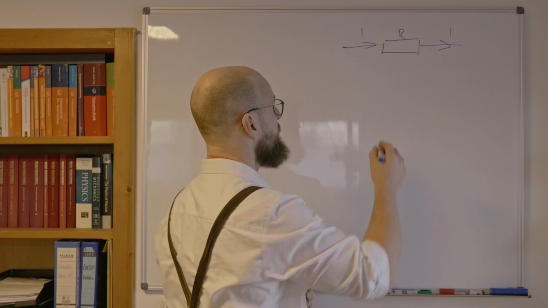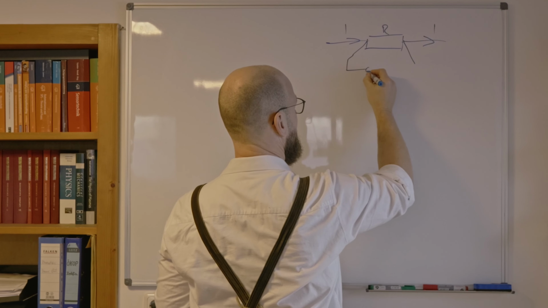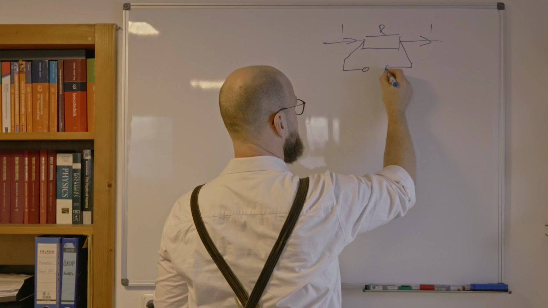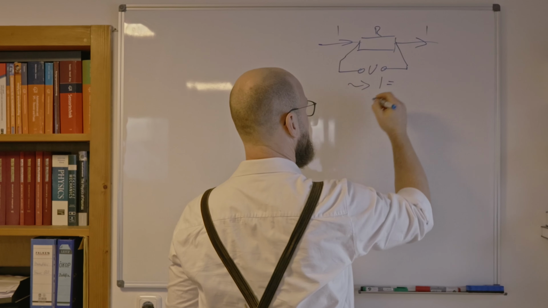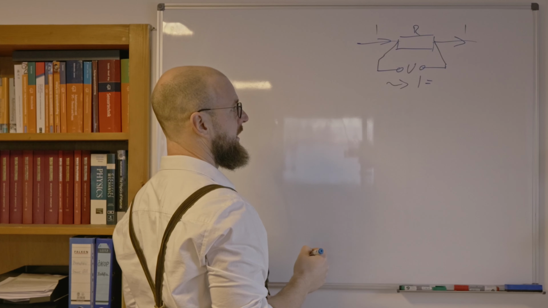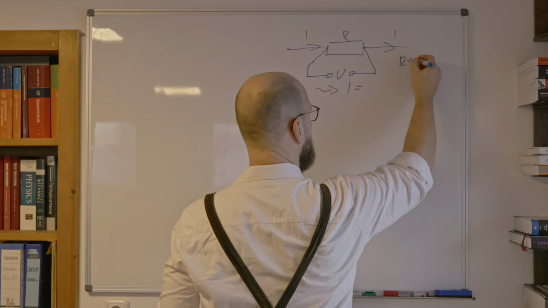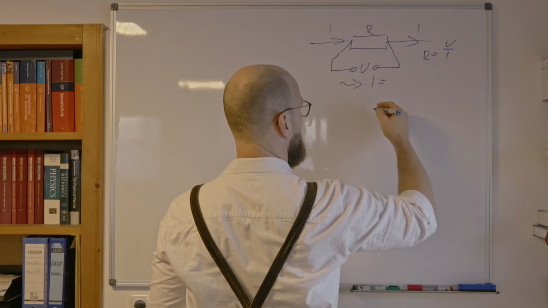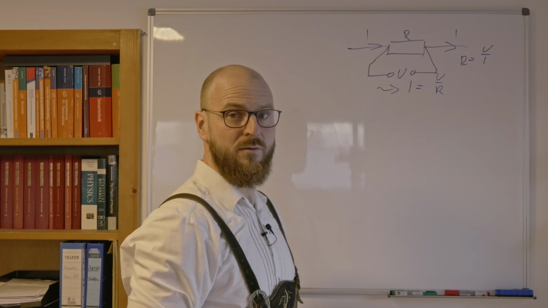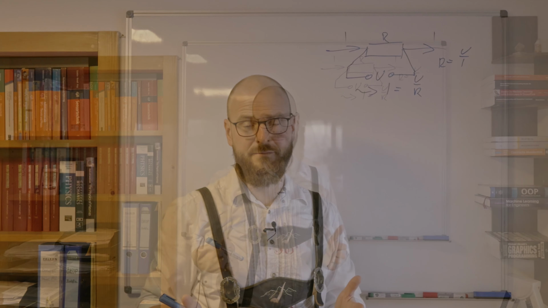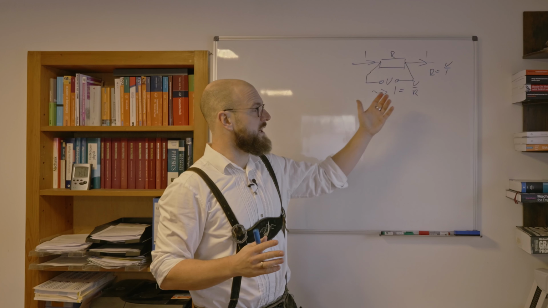Since we mainly only have devices for measuring voltages, we could measure the voltage over here, and by that calculate the current just using Ohm's law. You know, R equals U over I, meaning that I equals U over R. By that we can measure currents. So we have a voltage measurement device, and using a resistor we can measure currents.